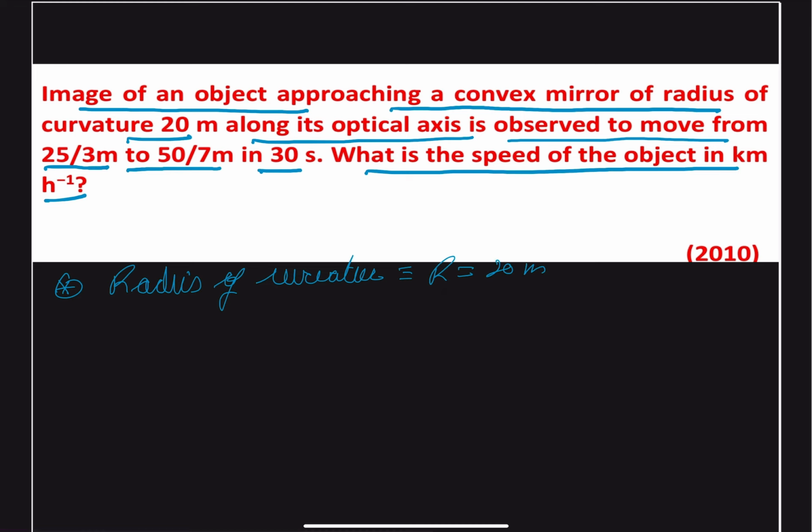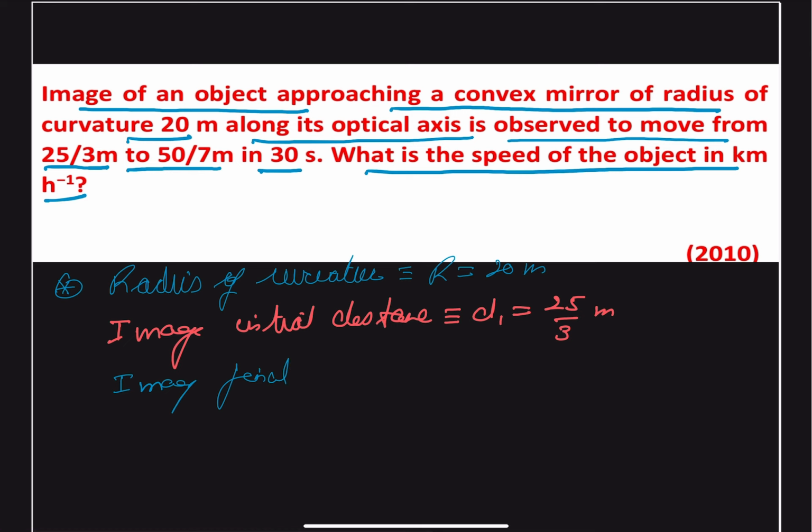Then we have the image initial distance, which is, let us suppose, our D1, and that is 25 by 3 meters, and we have the image final distance, let us suppose that is our D2, and that is 50 upon 7 meters.